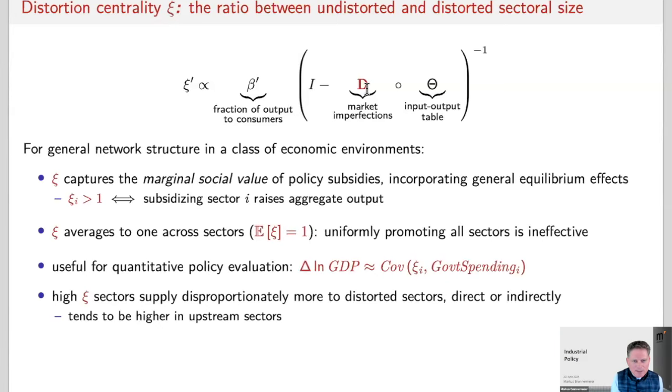Okay. And can you explain the beta prime? That's a vector. The prime is just a transpose. For each sector, I calculate the fraction of output sent to the consumer versus the fraction of output sent to each individual producer. This is the fraction sent to the consumer, and this is the matrix encapsulating the fraction sent to other producers.